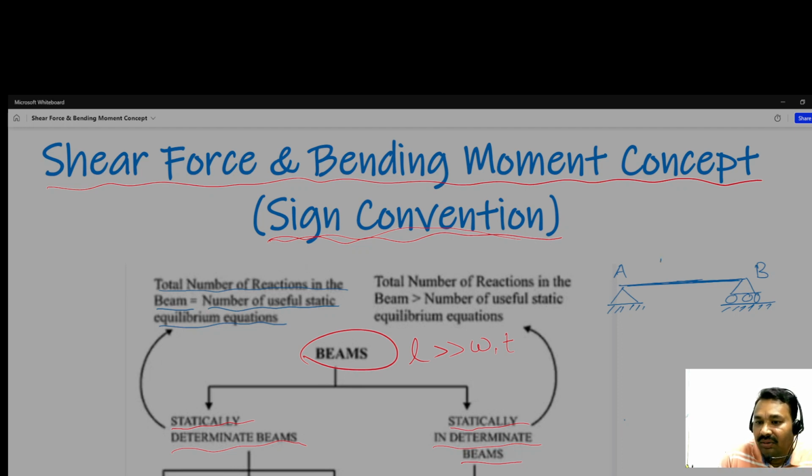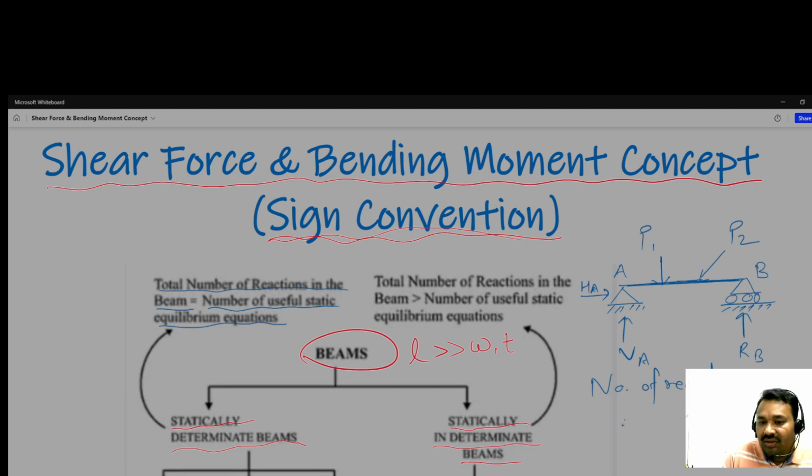Depending upon the loading conditions, like this one, P1, and this one, P2, we have three reactions: this is VA, this is HA, and this is RB. So the number of reactions is equal to 3. And how many static equilibrium equations do we have?